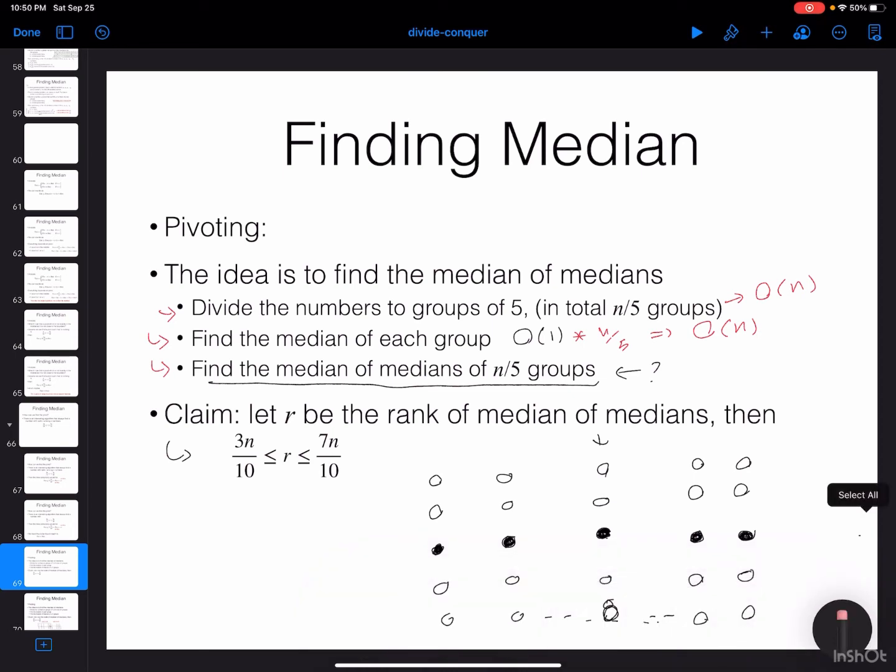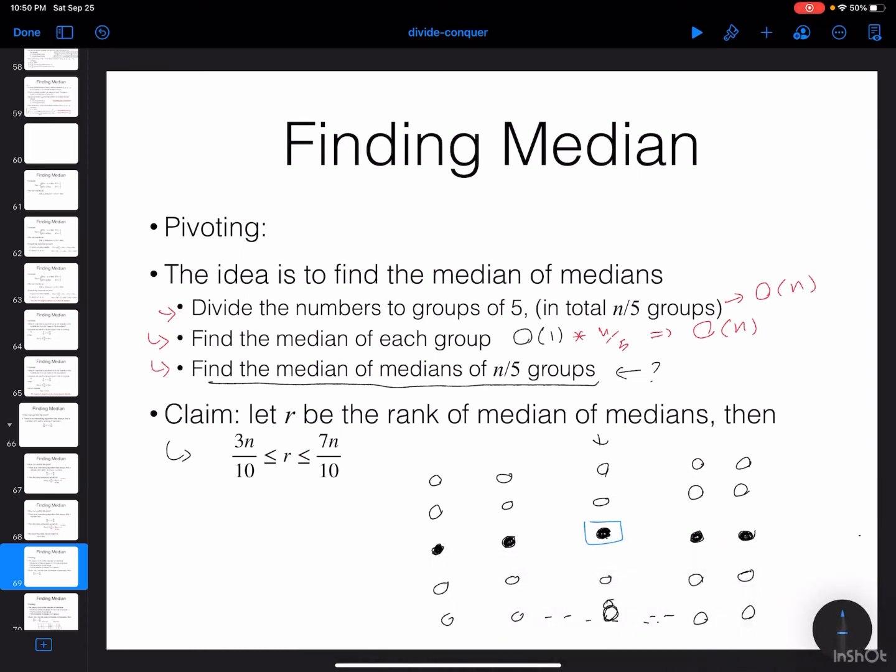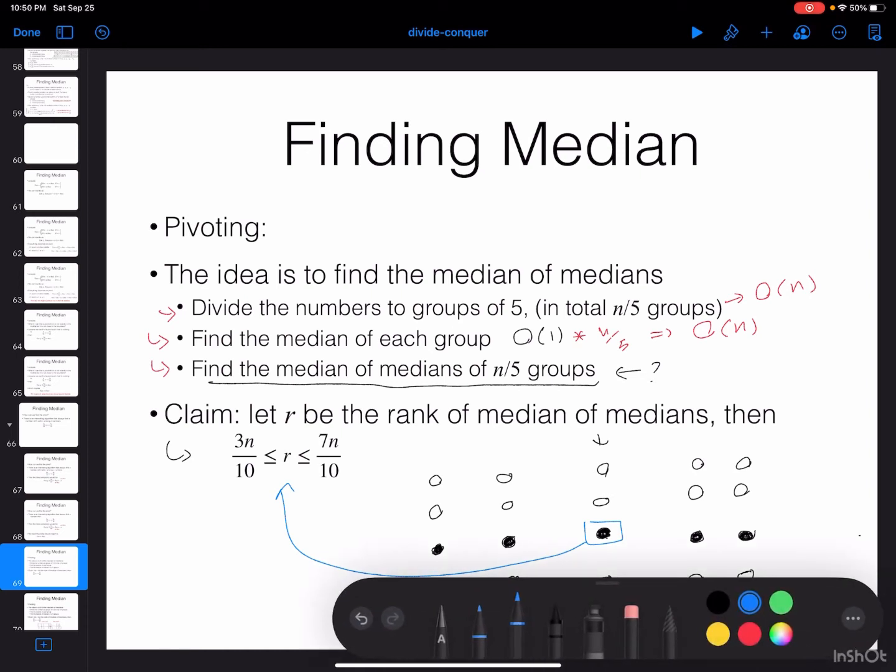The claim about this median that I found, just this median, is that the rank of this one is going to be between 3n divided by 10 and 7n divided by 10.